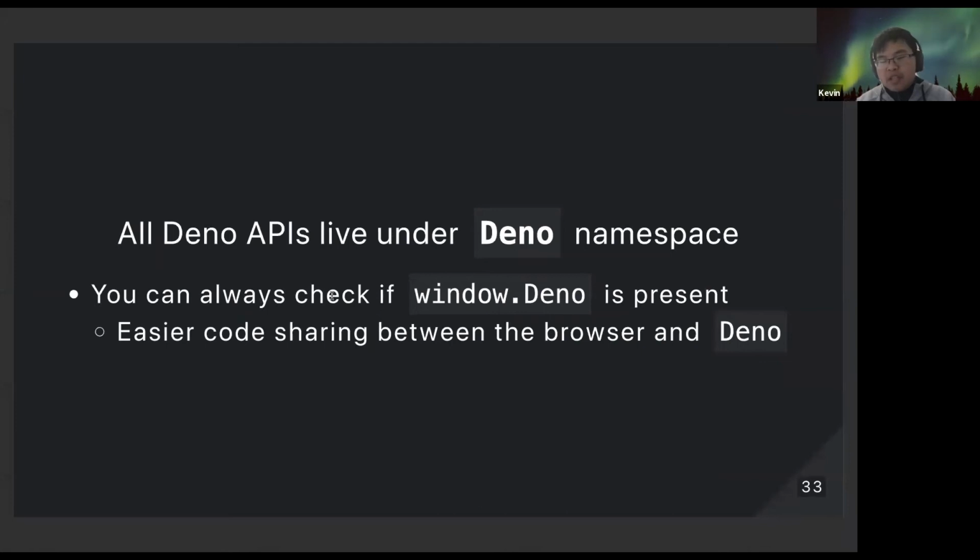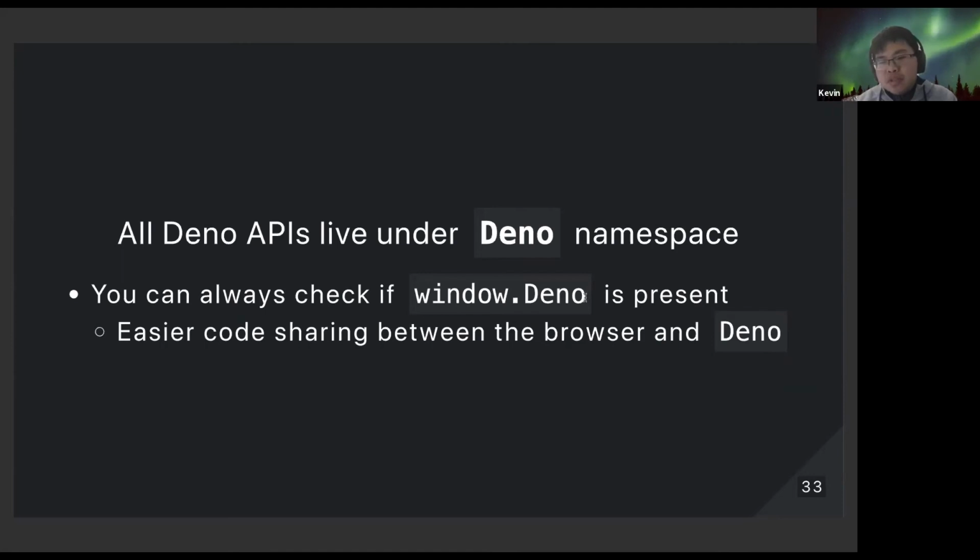This allows you to do better code sharing between the browser and Deno. For example, you have some script that will do optional logging depending on if you're running it on the server side. Then it can just check if the Deno namespace is present and do the logging. Otherwise, if it's in the browser, it can probably just store something in memory instead of logging to the file system, because it doesn't have the Deno namespace.